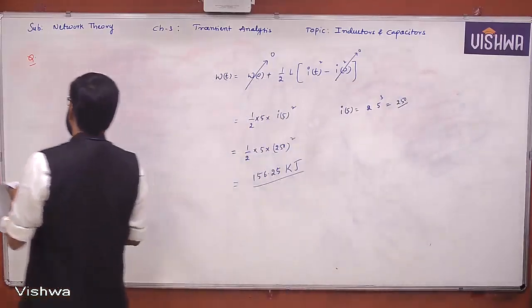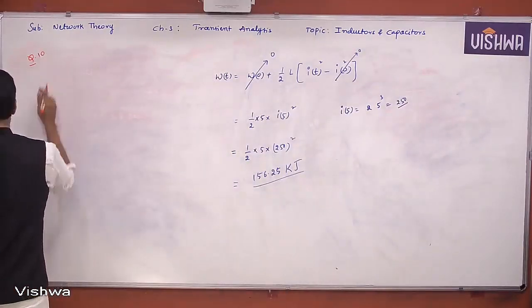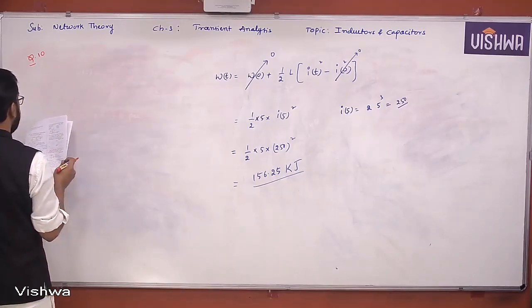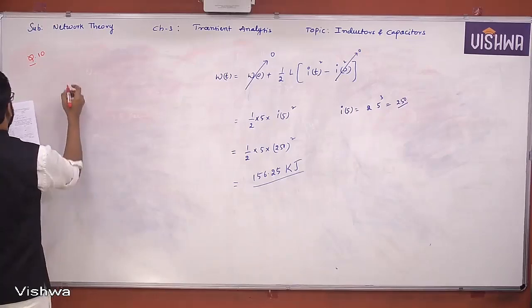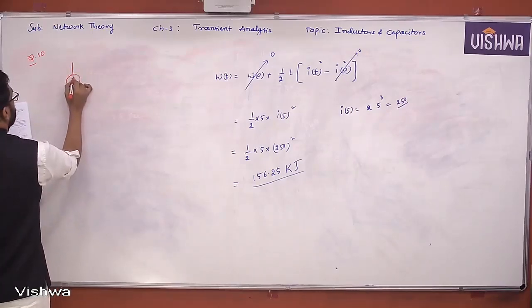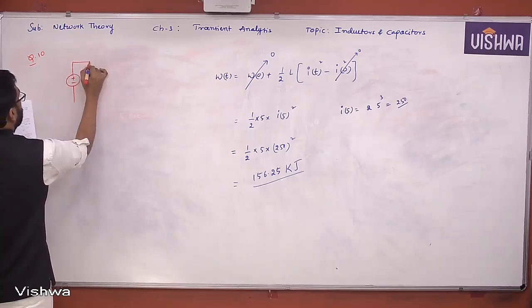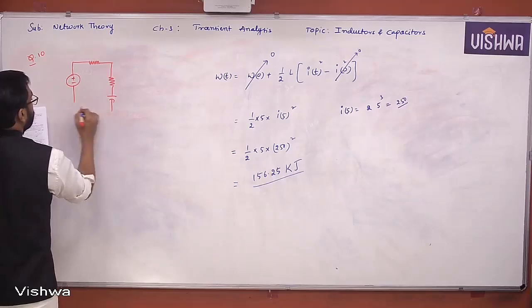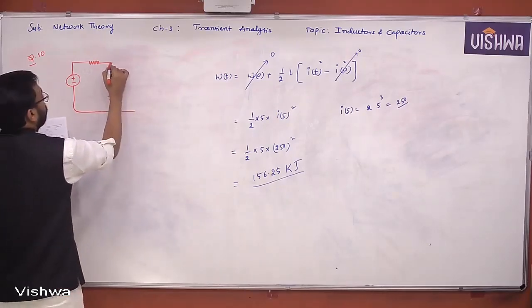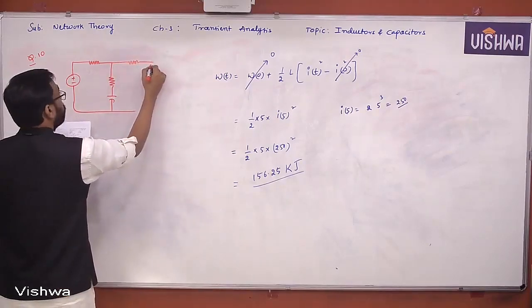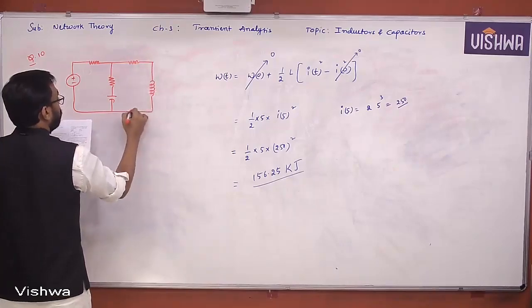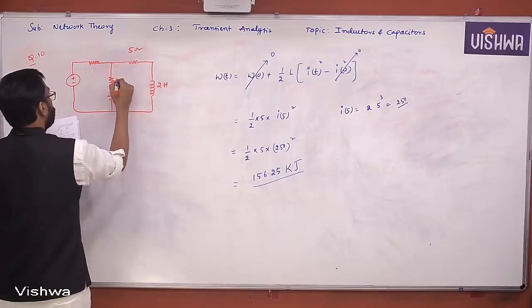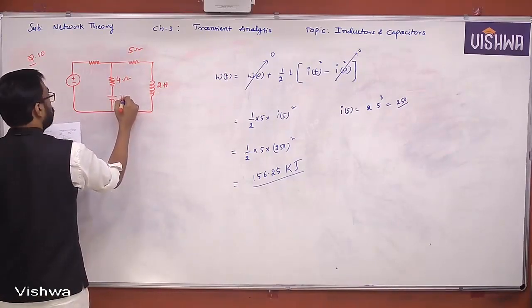What is that question number 10? In the following circuit with DC conditions, find the energy stored in the inductor and capacitor. 2 Henry, 5 ohm, 4 ohm, 1 farad.